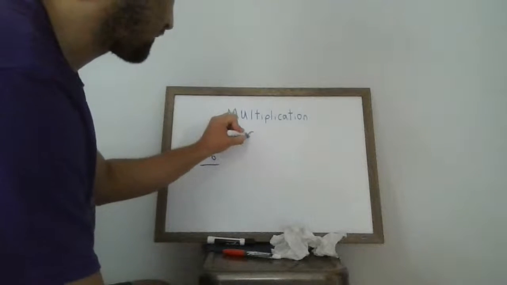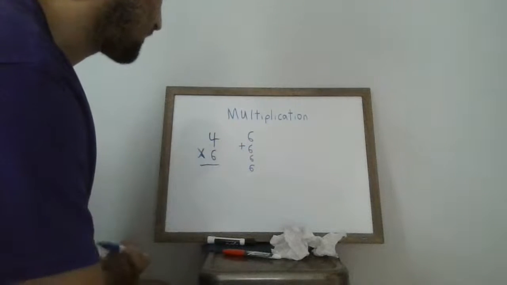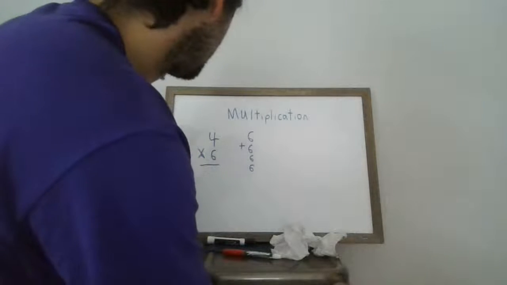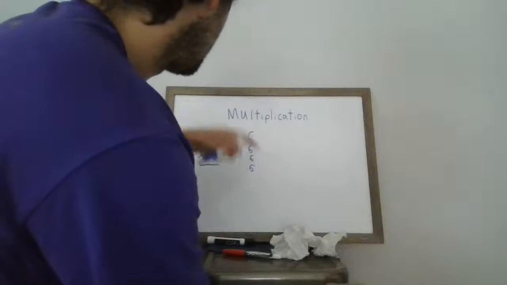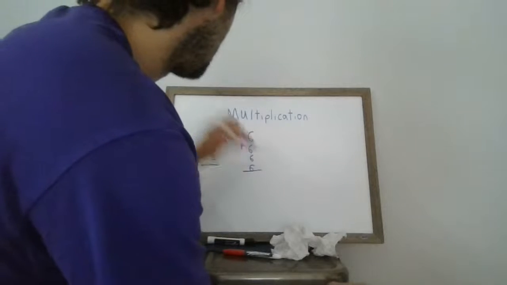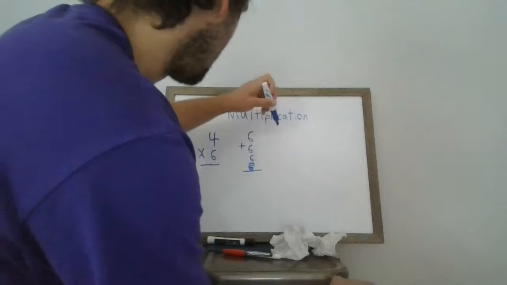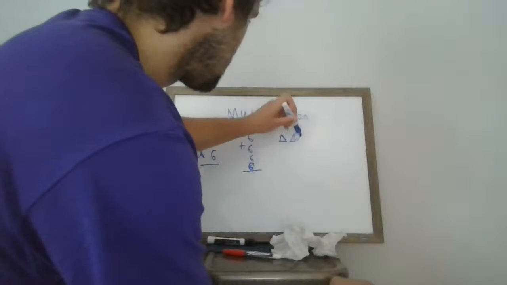It's a shorter way of writing 6 plus 6 plus 6 plus 6. And then if you wanted to make an array, you would take an item. Say you wanted to use triangles. I'm going to make 4 rows of 6. 4 rows with 6 triangles in each row.